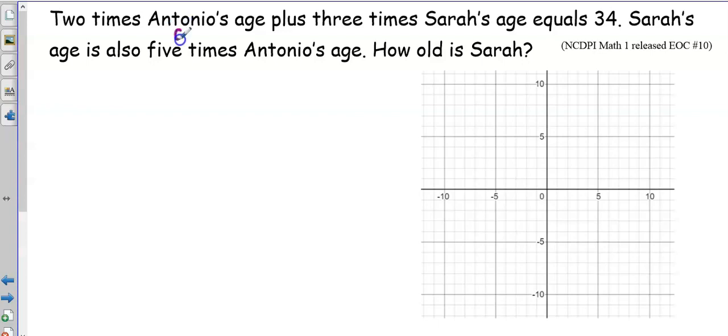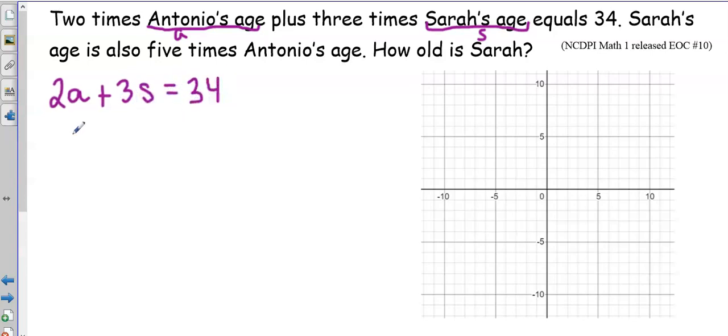So A is going to represent Antonio's age, and S is going to represent Sarah's age. So 2A plus 3S equals 34. And then Sarah's age is 5 times Antonio's age.